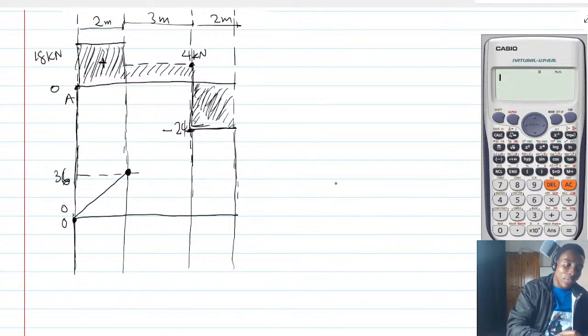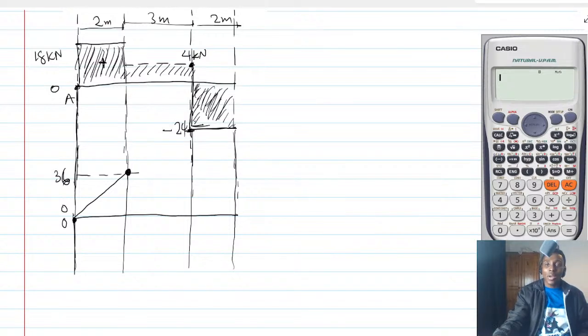And what is that? That is 48. 48, right? So it means that the maximum moment will be 48. Alright? So this is 48 right here. And everything is in kilonewton meter, please. And this one is in kilonewton. Alright. So we are done with that part.